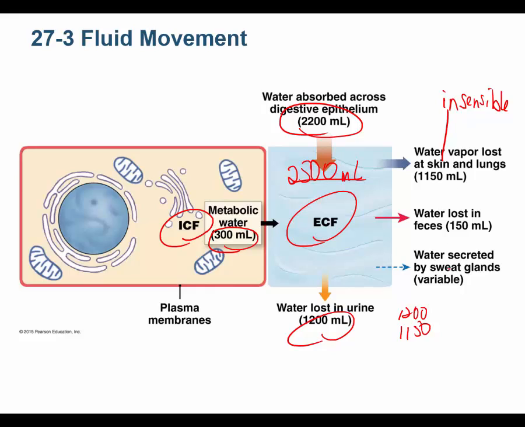This variable amount is like if you exercise, you lose this sweat from sweat glands. But this water vapor lost at the skin and the lungs is called insensible sweat. And you don't really notice it. It doesn't saturate your t-shirt, give you sweat rings or anything.